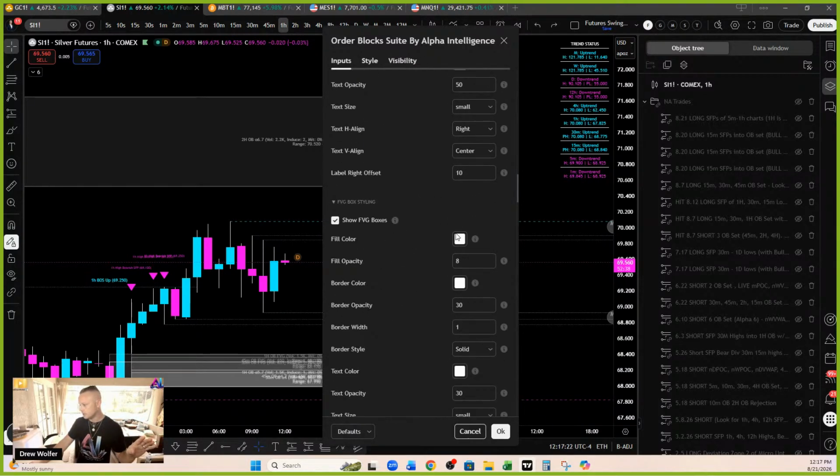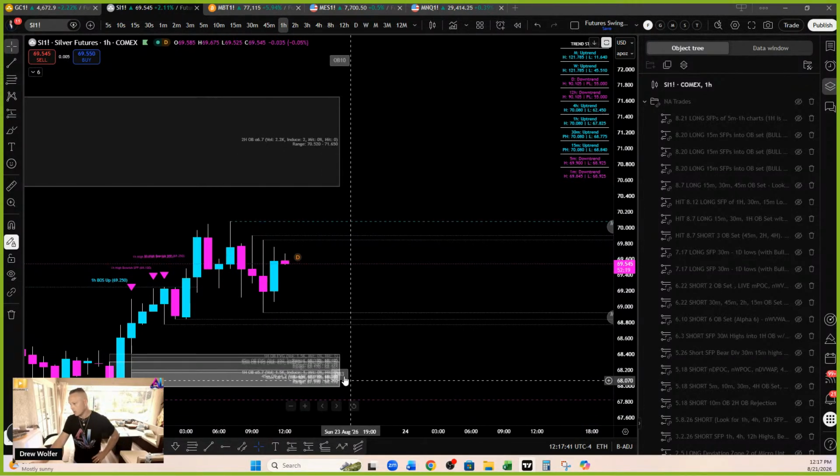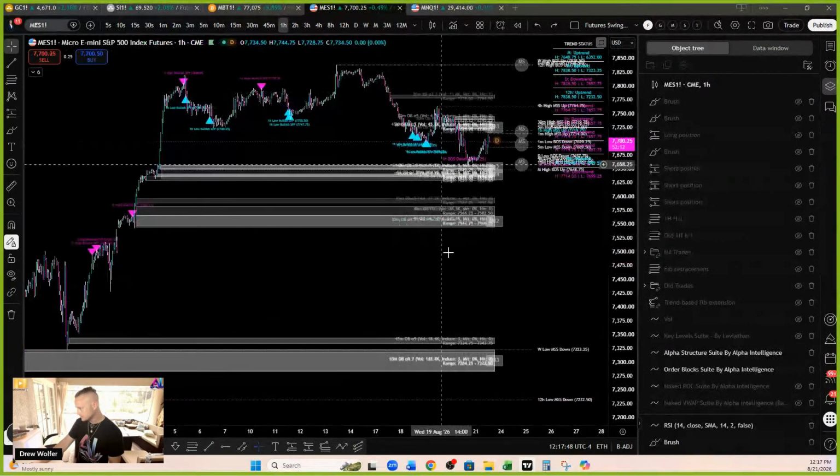Or you can come back down to FVG box styling and simply click show fair value gap boxes to turn them off. That's all you have to do, and as you can see, the fair value gaps disappeared. Obviously, I leave them on, especially in trending markets, and I'm going to show you why.